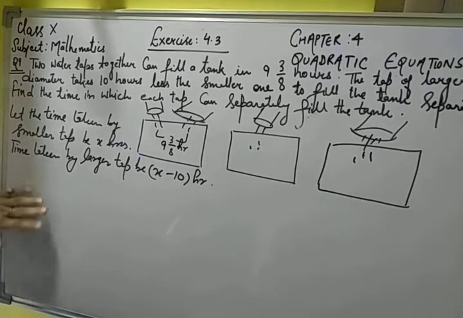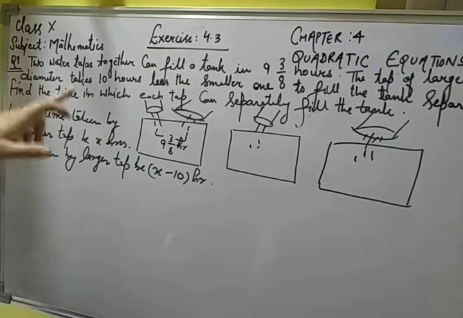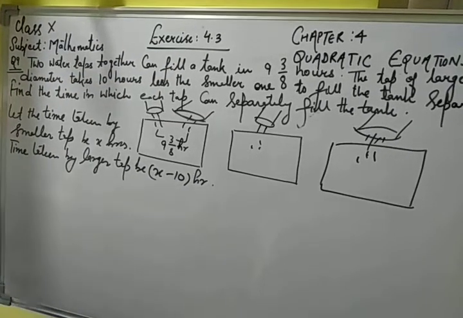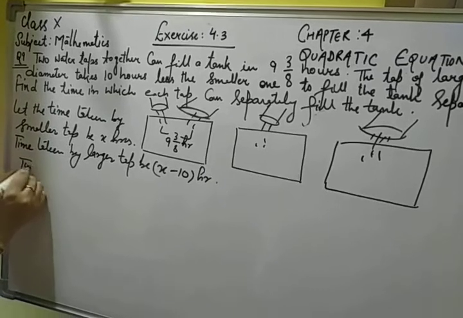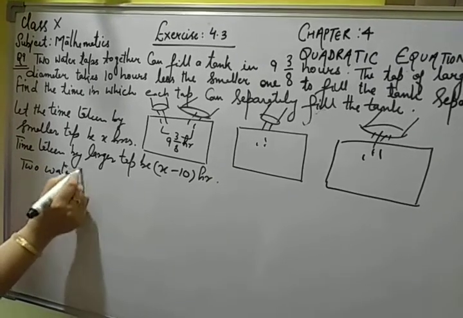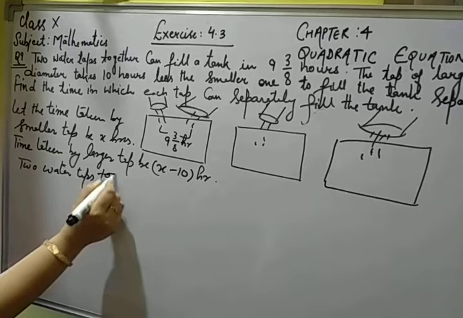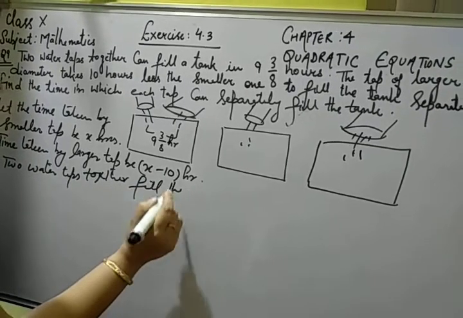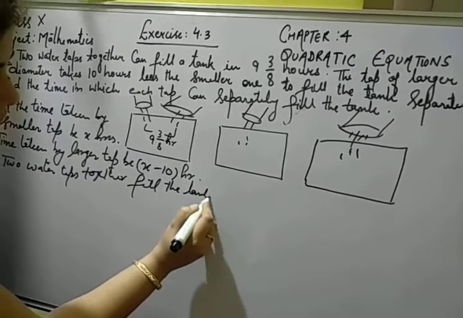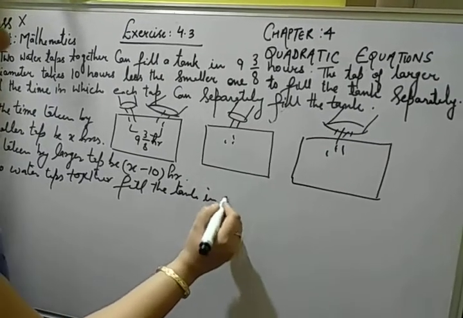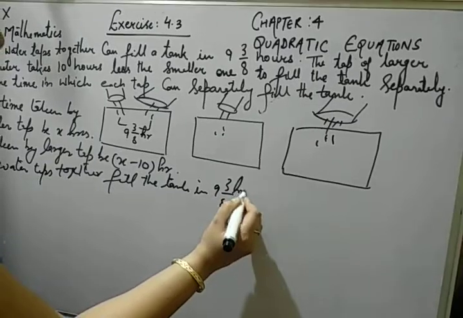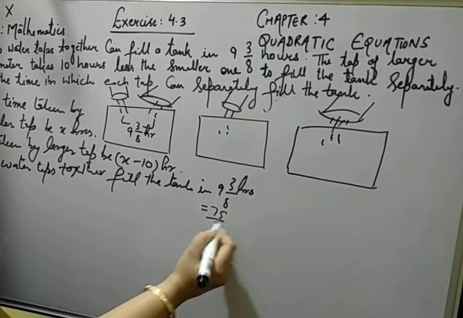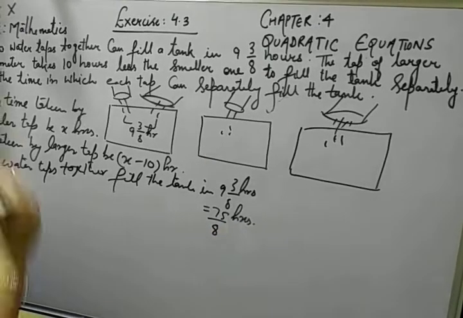So now the next step is both the two water taps together can fill the tank in 9 3/8 hours, which is equal to 72 plus 3, 75 upon 8 hours.